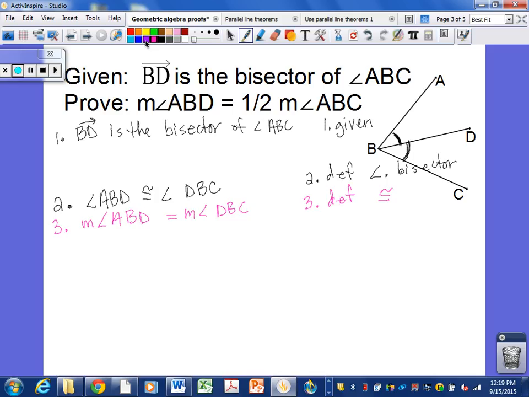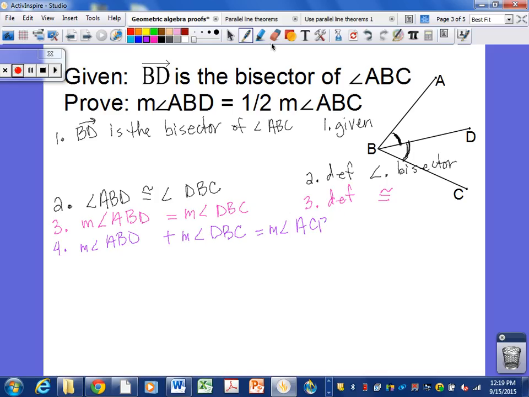So now once again, we need to determine an algebraic relationship between these angles. Okay? And the algebraic relationship is, that involves angle ABC, the measure of angle ABD, plus the measure of angle DBC equals the measure of the entire angle, ABC.